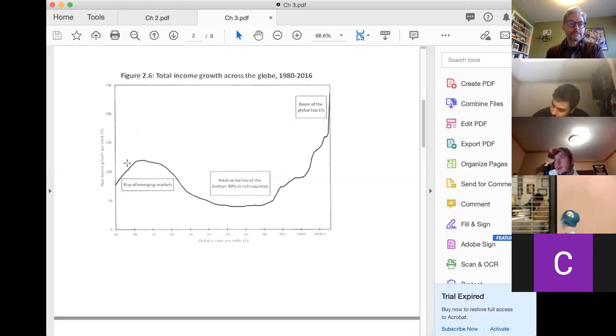The vertical axis is how much real income has gone up between 1980 and 2016. So in other words, basically over the last 40 years or so, how much has income gone up? The horizontal axis asks, how rich were you today, right? So in other words, what income percentage do you fall into?